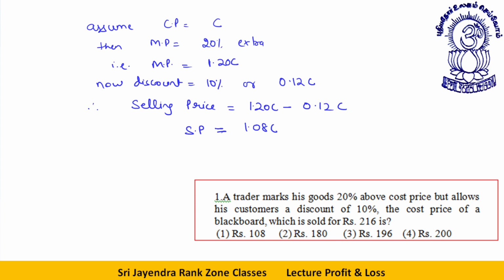Okay. This is the selling price. Selling price is 1.08 into cost price. This is given to us as 216 is equal to 1.08C. So C is what? 216 upon 1.08. That will be 200 rupees exactly.